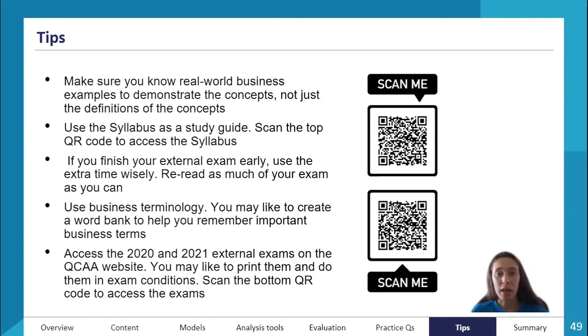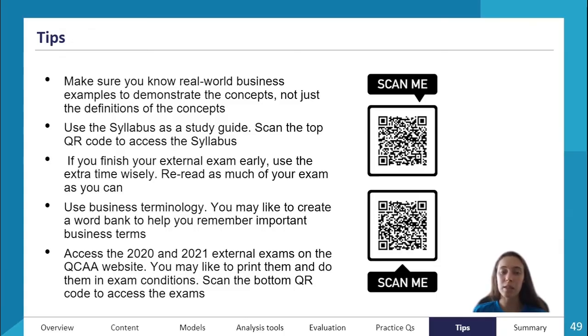Use the syllabus as a study guide. All of the things that we've covered today are from the syllabus. It shows you exactly what you do need to be able to describe, explain, analyze, evaluate, etc. So scan the top QR code on this page to access the syllabus, or just visit the QCEE website and find business.